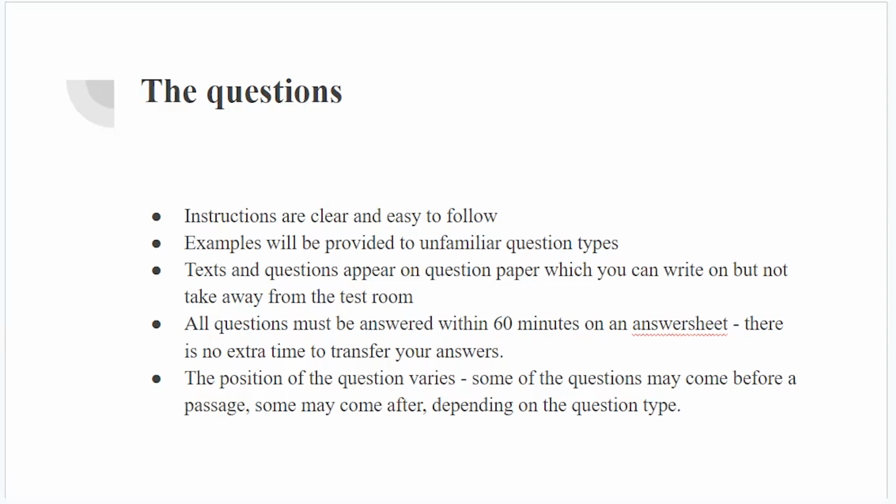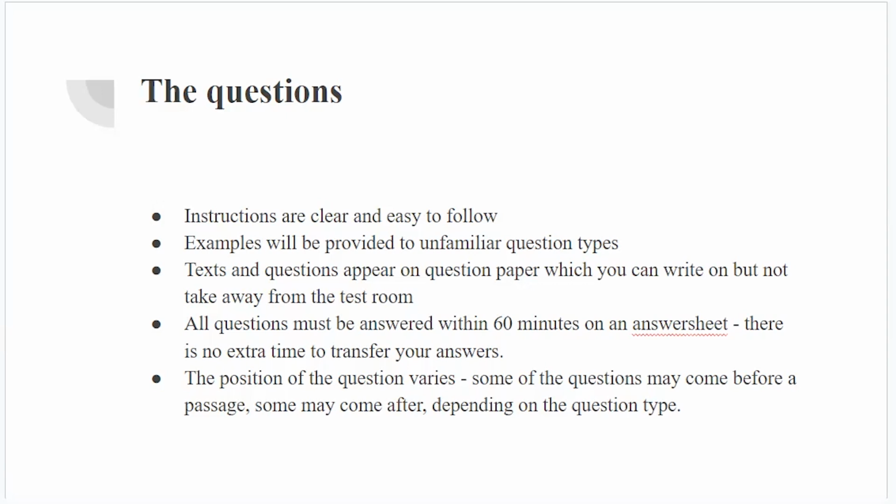As in usual cases, even for other competitive examinations, we are allowed to take the question paper along with us when we move out of the exam hall. But for IELTS, we cannot take the question paper along with us when we leave the exam hall. The next one is that all questions must be answered within 60 minutes on an answer sheet.